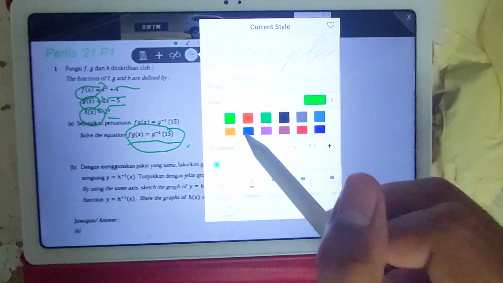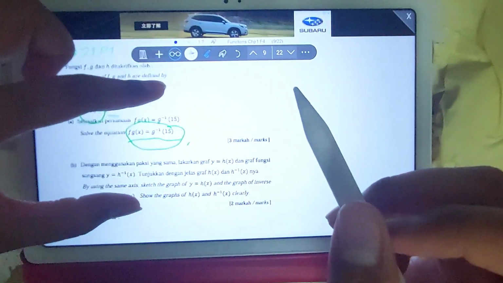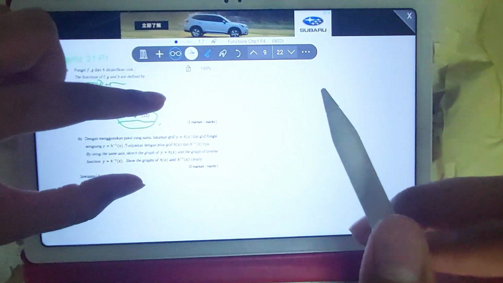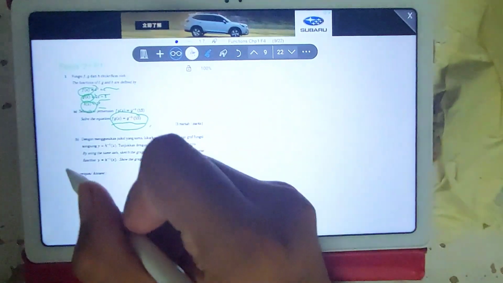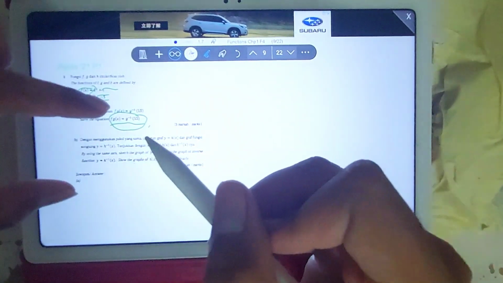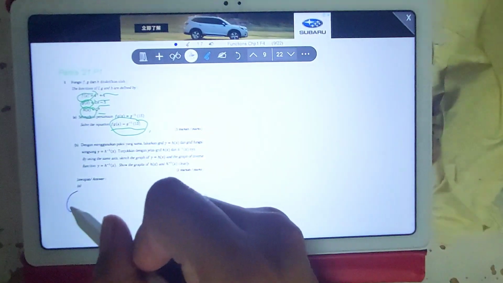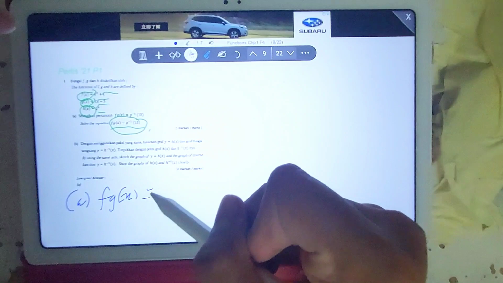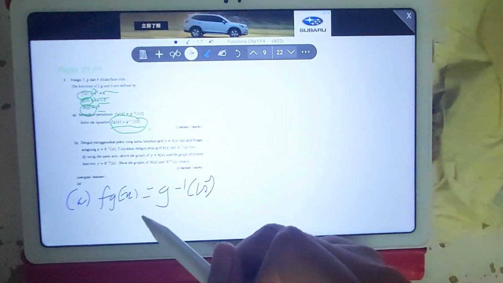So how we are going to solve is part A. Part A carries 3 marks. So there are a few ways which you can approach this. You can do it directly, something like this, and just proceed from here and go down.